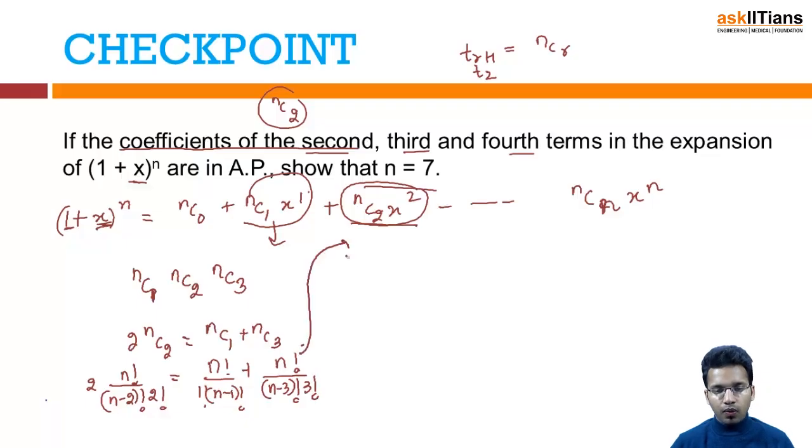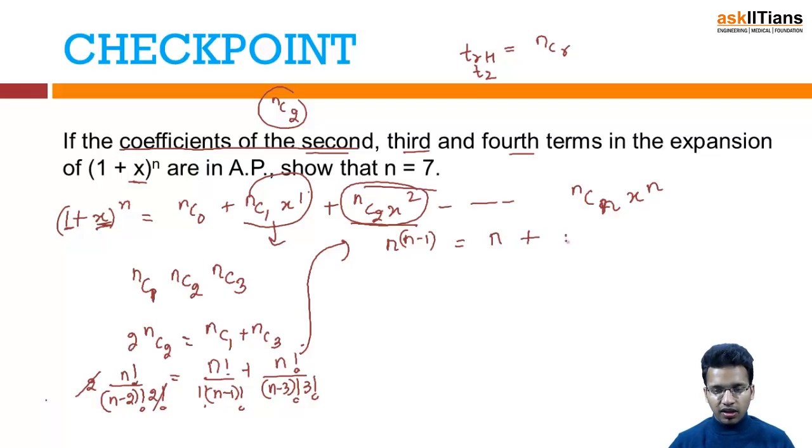Now solving it, the 2 factorial will get cancelled with the 2. This will be n into (n minus 1), the rest will be cancelled, so we don't want anything in the numerator. This one is very easy, only n will be left.